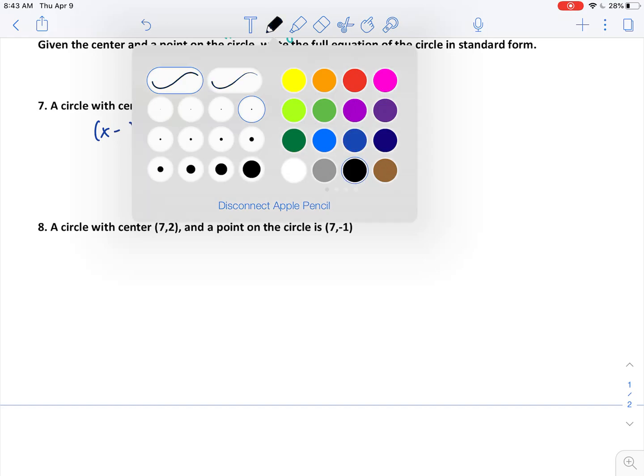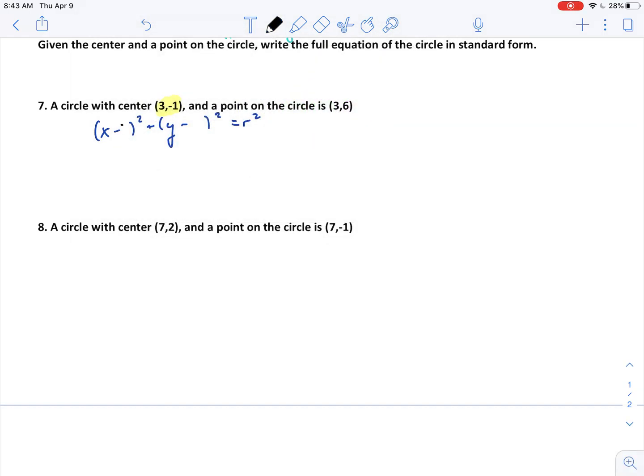And just like we saw yesterday, we're going to do the same thing as what we've been doing when we write our equations. We'll plug in x minus 3, and negative 1 becomes plus 1. So that's not going to change.